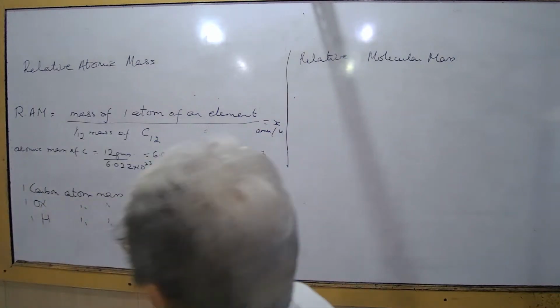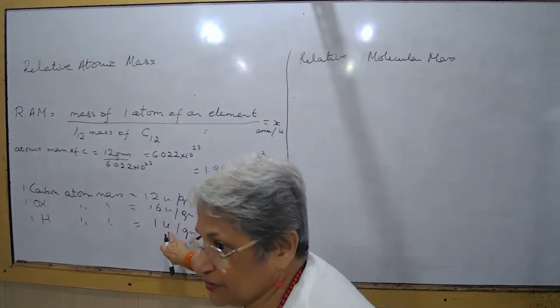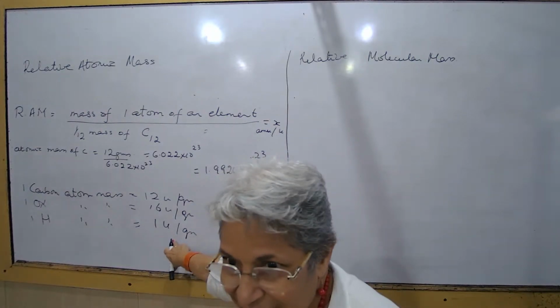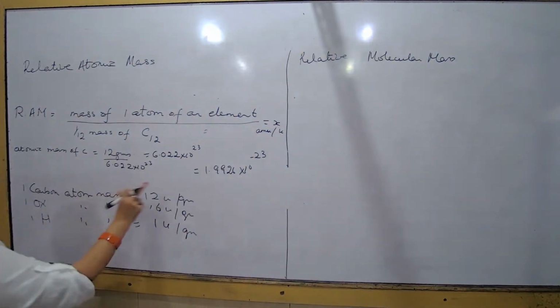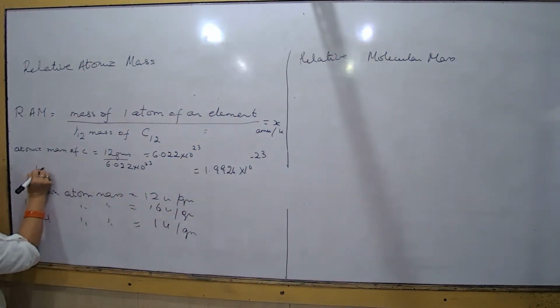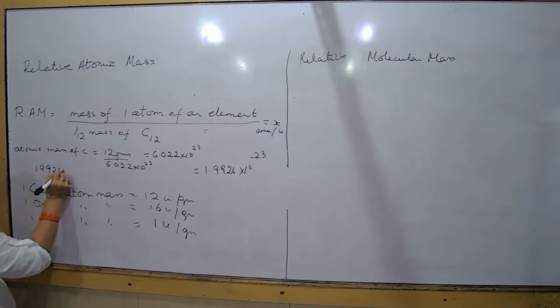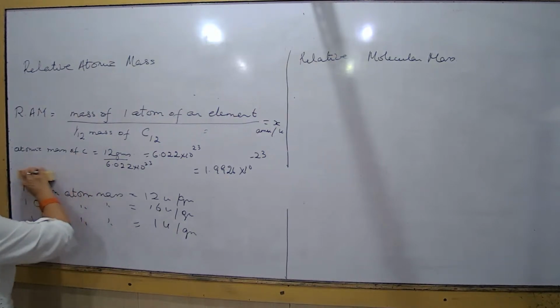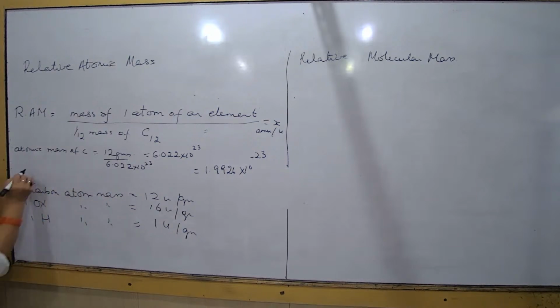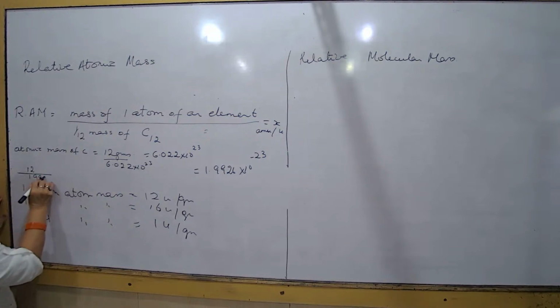Now, if I want to find out the value of U, U is not grams. U is another unit completely. What is the value of U? In the case of carbon, we have 1.9926 into 10 raised to minus 23 divided by 12. Or rather 12 divided by 1.9926 into 10 raised to minus 23.